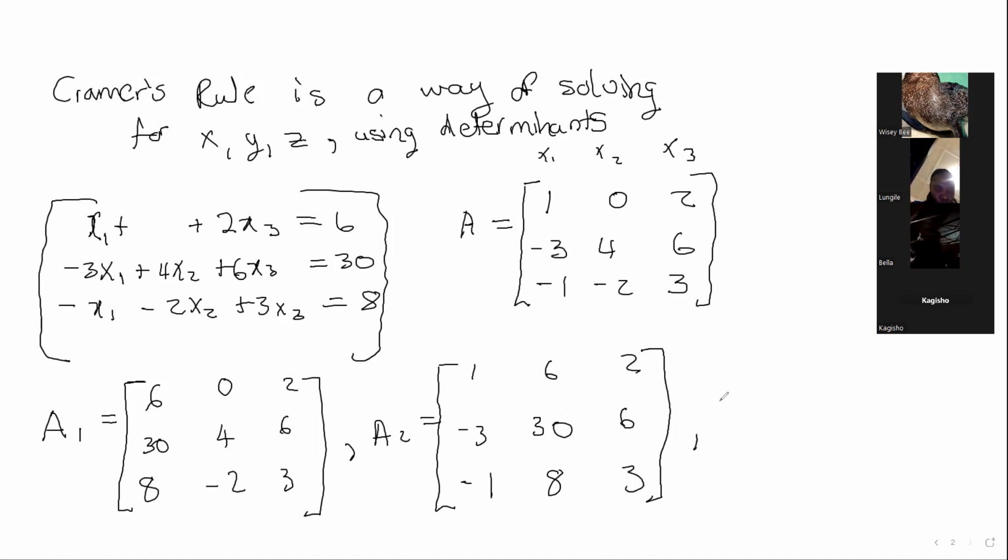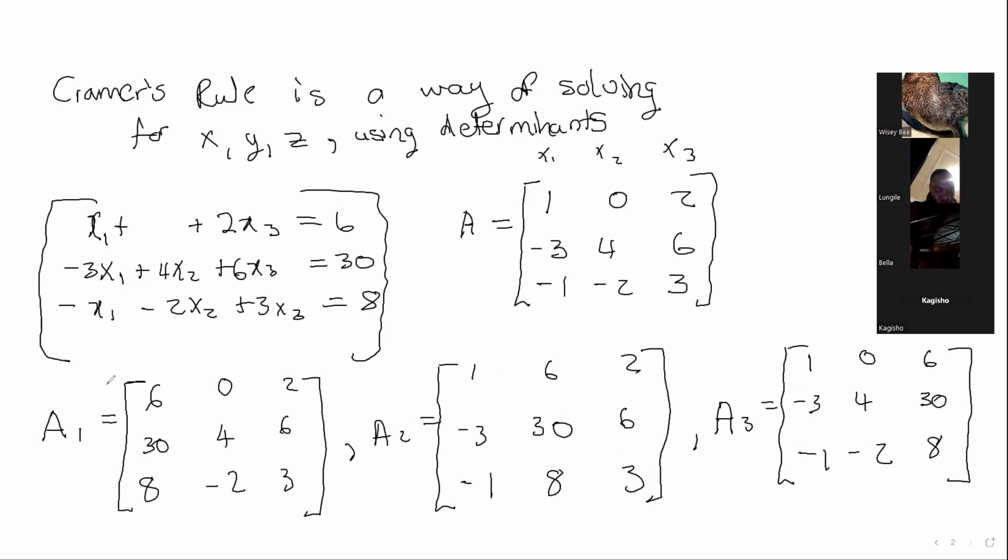And then A3 will be the original first two columns, 1, minus 3, minus 1, 0, 4, minus 2. Then you replace the last column with 6, 30, and then 8.